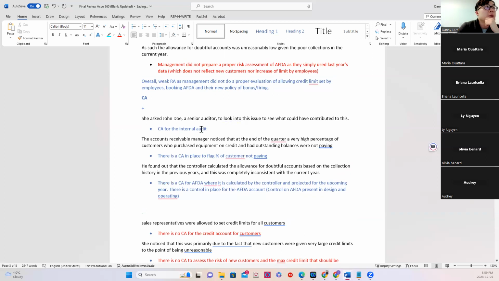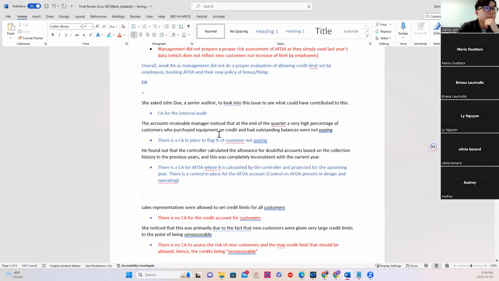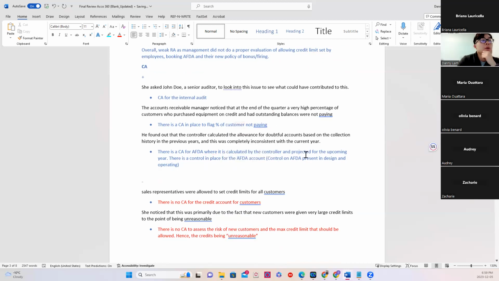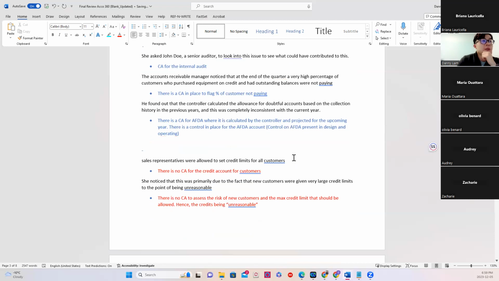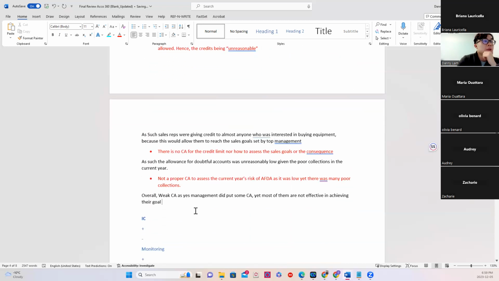So yes, they did put one in for the internal auditor. It's really like, look, there's a CA in place with 5% of customers not paying. So we're talking about outstanding balance, and here it's really about AR and outstanding balance.